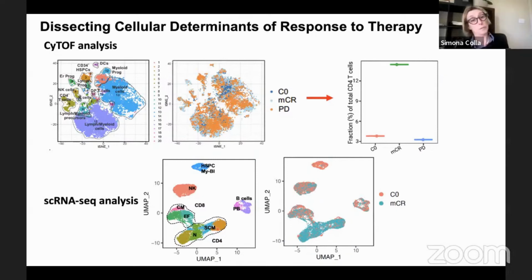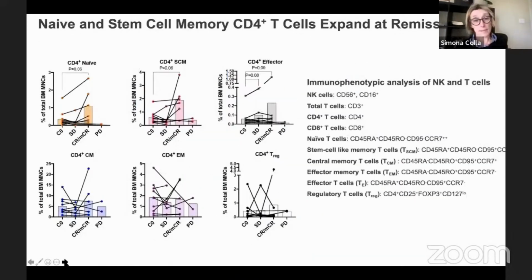It's not enough. We need to go back to the flow cytometry to confirm the result using immunophenotype analysis of the T cells.